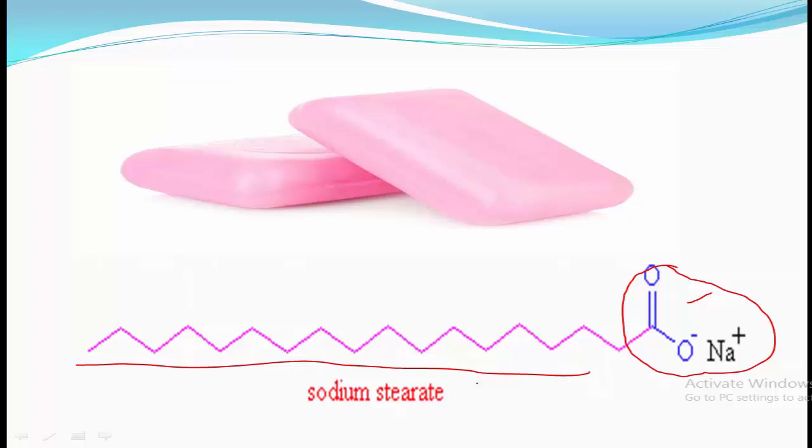Okay, so how does this lead to the micelle formation? Due to this special structure, they are able to form the micelles. How will they form the micelles, that we will study now. As you know, the associated colloids are also called micelles.